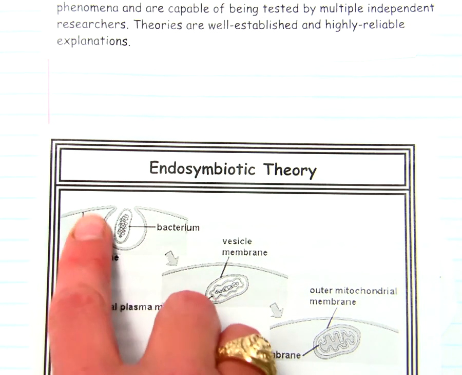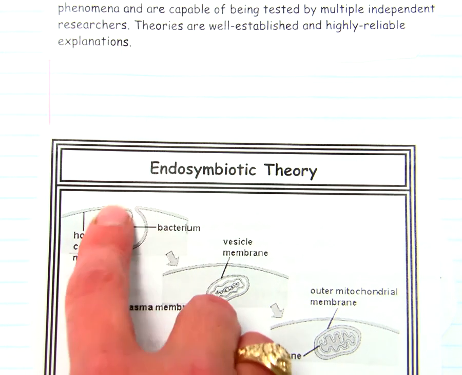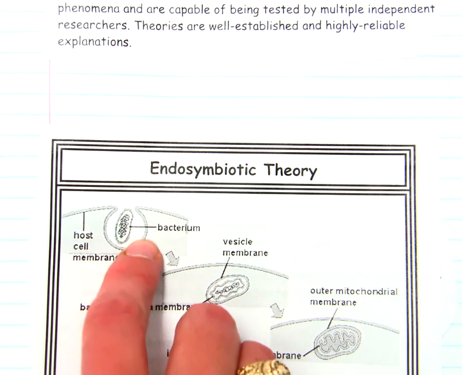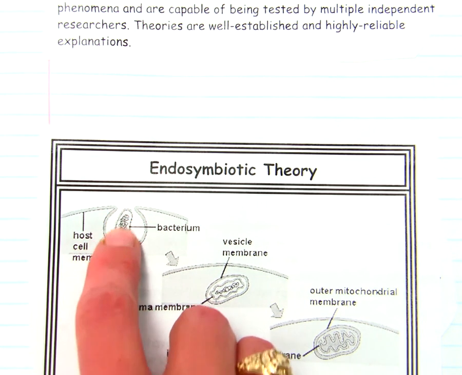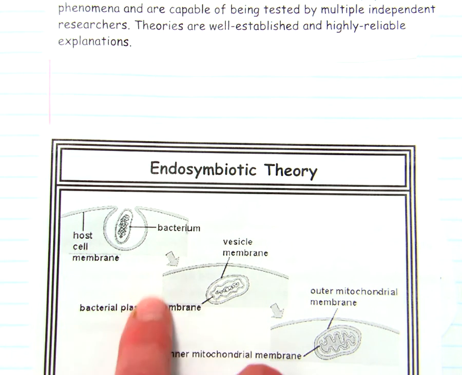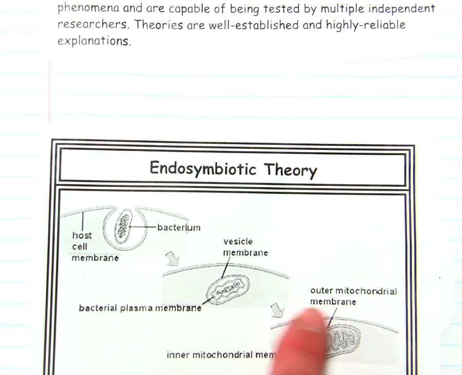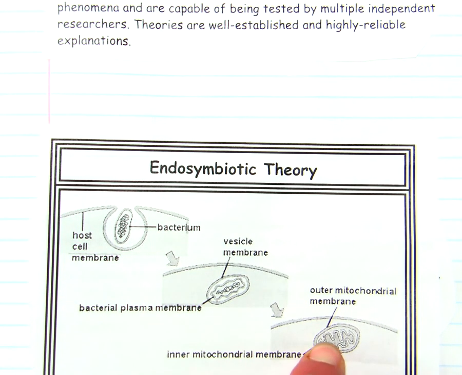Here we had a bigger cell, brought in a smaller bacteria or prokaryotic cell. So this cell was making lots of energy. Big cell protects it. Little cell makes energy for the big cell. And over 1 million years, we get mitochondria.